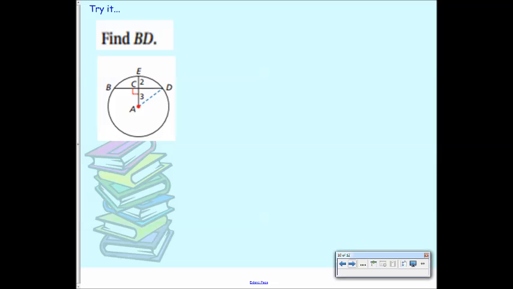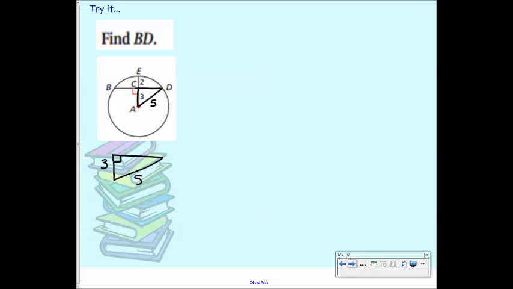A triangle? What kind of triangle? A right triangle. If this is 3 and this is 5, how can I find this? I can use the Pythagorean theorem, which would be what? 3 squared plus b squared equals 5 squared. So 9 plus b squared equals 25.